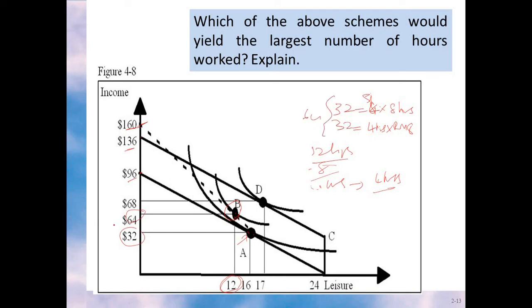That's why we get 64 here. At point B, this worker worked 12 hours, 8 normal hours and 4 hours overtime. So this is the earning. For point D, that is where we have scheme C. Interestingly, for scheme C here, you cannot put it like this.